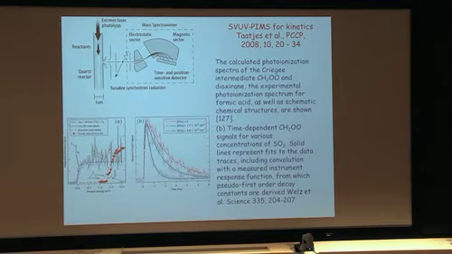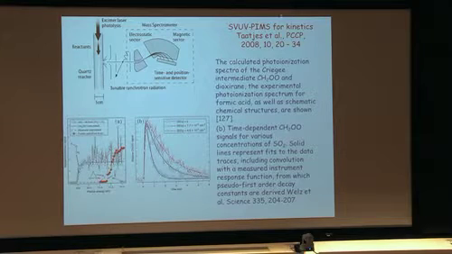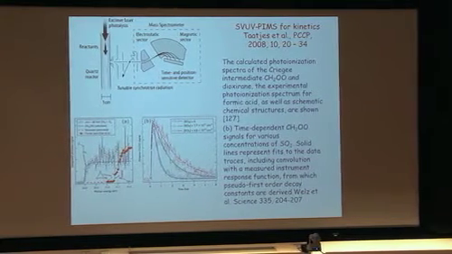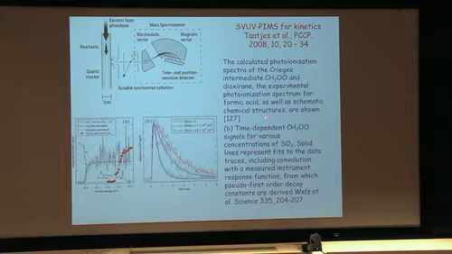They can also be used to look at kinetics, and so these are experiments by Craig Taatjes and David Osborn at the Sandia National Labs. And so this is the reactor here.